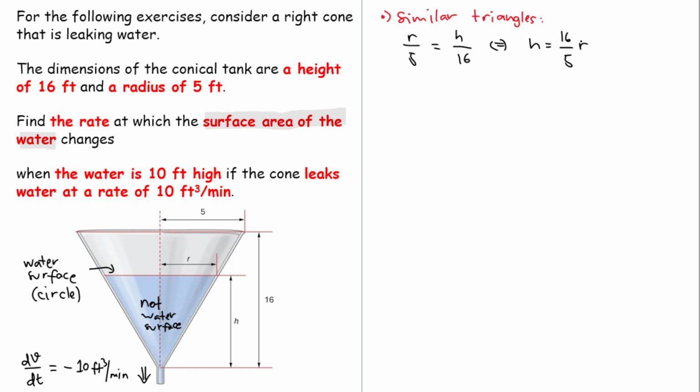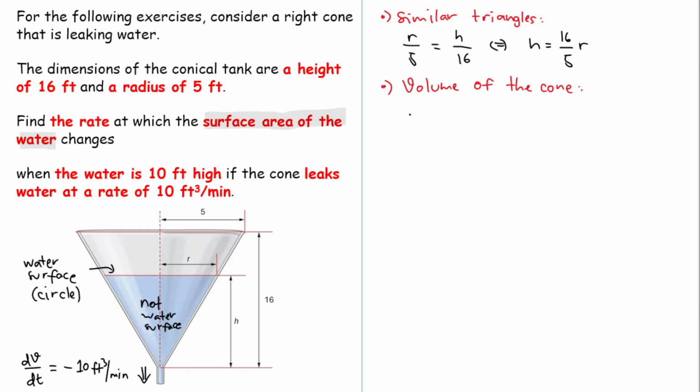Good. Now we need to find the rate of the radius with respect to time, because it will be helpful to find the water surface area change. Okay, and we can start from the volume of the cone. What is the volume of the cone?